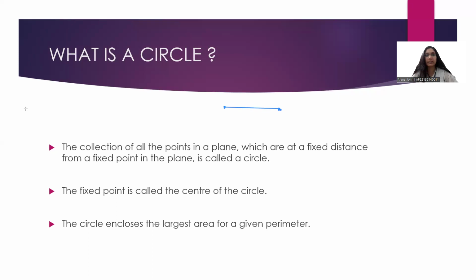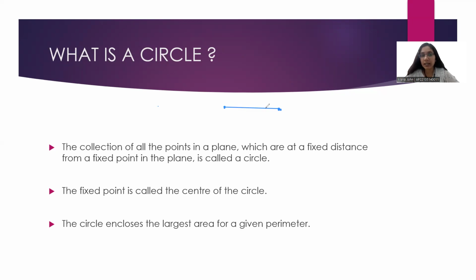But this is not a line, this is a line segment because it has a finite length. Between two fixed points, if we join all the points in between them, we get a line segment. So what is a line segment? The line segment is nothing but a collection of points between two fixed points. Between two fixed points, if you take all the points in between them in a plane, then we get a line segment.